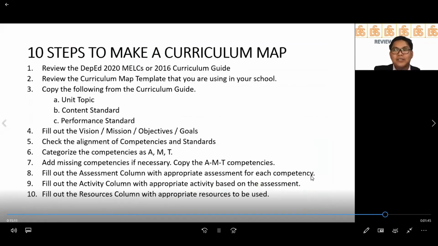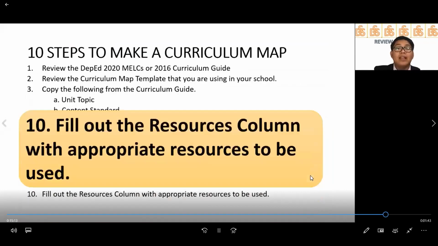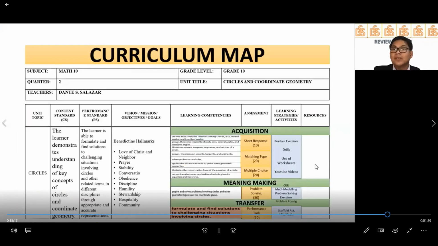Okay? And of course, for number 10, where we fill out the resources column with appropriate resources to be used. Okay, you may use common resources that you are using: textbooks, module, worksheets, YouTube videos, Google links, and online applications.